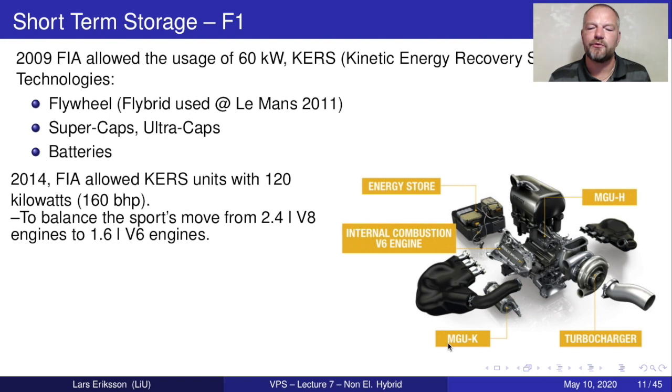The MGU stands for motor generator unit, and K here is kinetic, and here we have another generator which is H for heat. This generator is recovering waste energy that's available at the turbocharger, energy that has been wasted from the combustion engine.